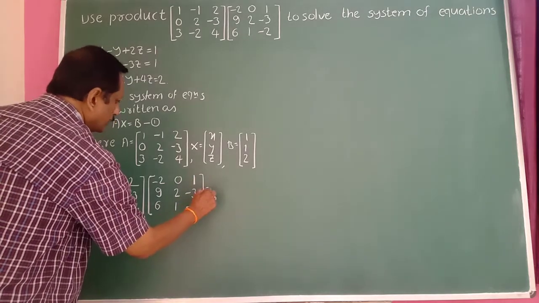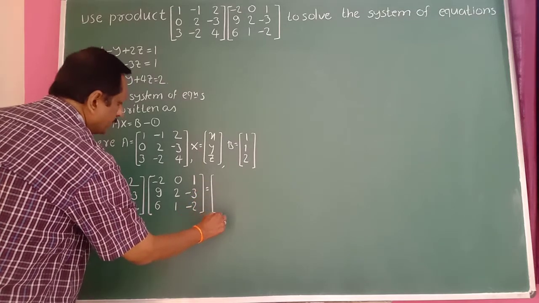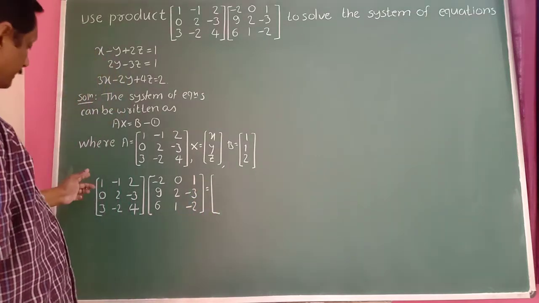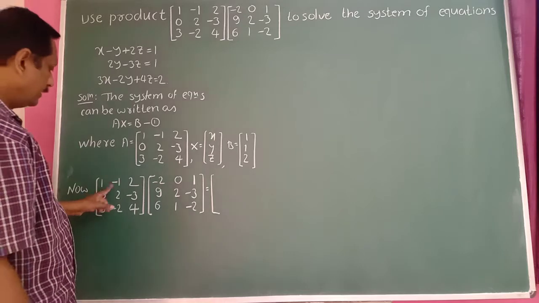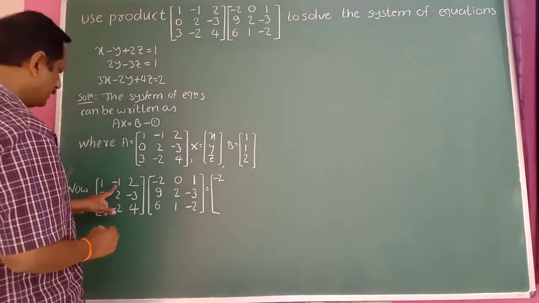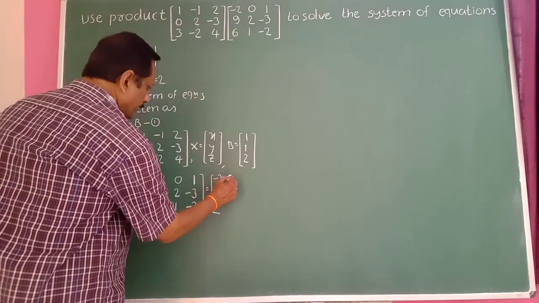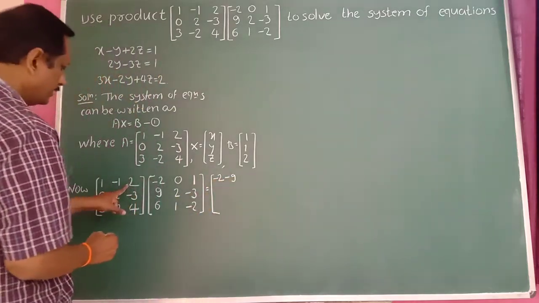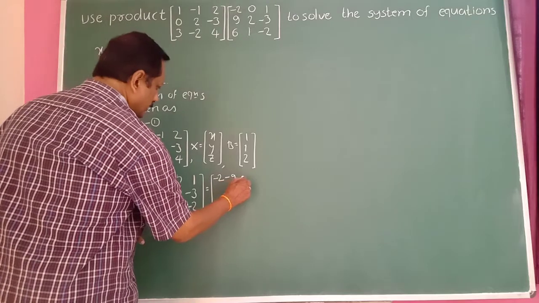Then this is equal to multiplying the matrices, row with the column. 1 into minus 2 becomes minus 2, minus 1 into 9, minus 9, and 2 sixes are 12, plus 12.